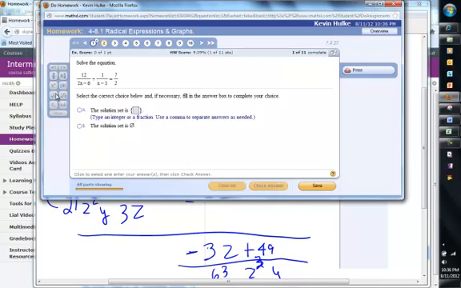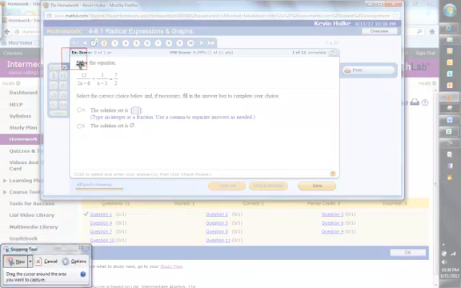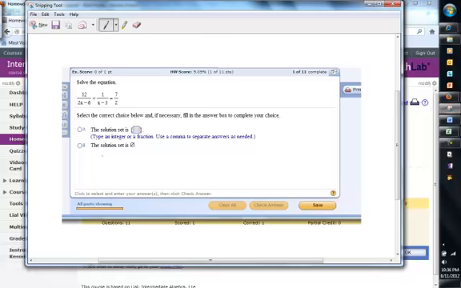Number 2. Once again, you've got to figure out what the common denominator is. In this case, multiply everything by 2 times x minus 3. So we have 12 over 2x minus 6, which is 2 times x minus 3.